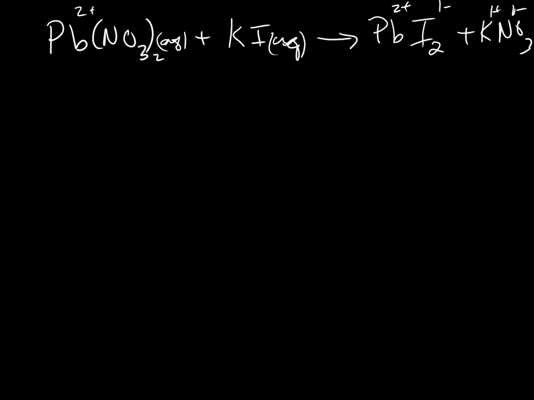Okay, so we know at least one of these two is a solid. See how we know that? Okay, so Pb, is it an alkali metal? No. So I've got to look at the negative piece. Iodides, what does it say about iodides? Not a single thing. But which rule would you expect to apply to iodides?